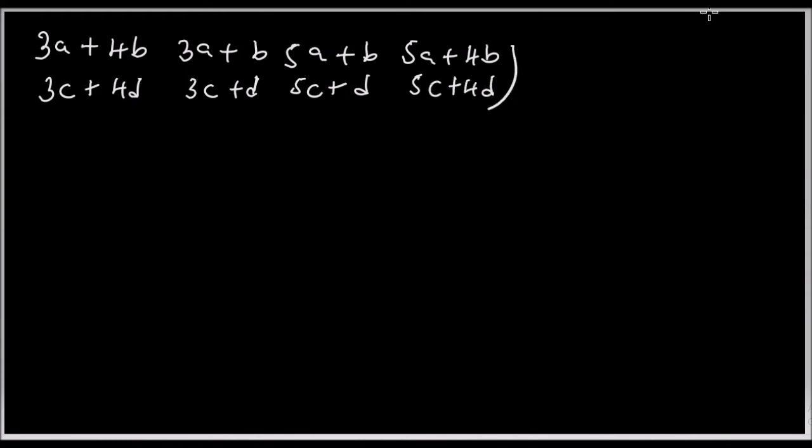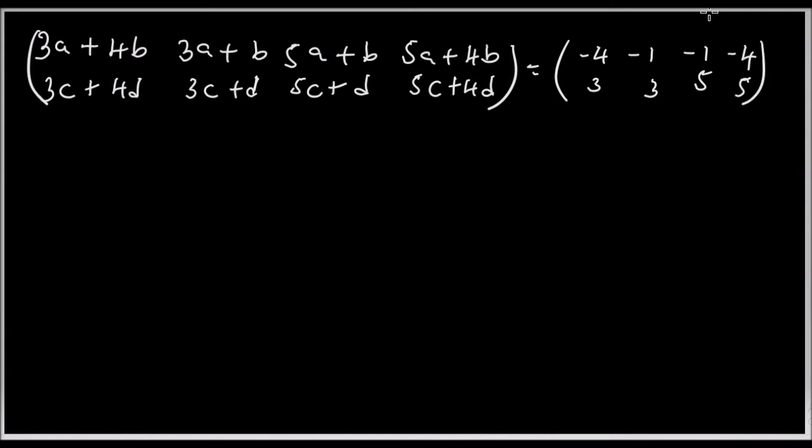So that is the first matrix. And then it is equal to minus 4, 3, minus 1, 3, minus 1, 5, and minus 4, 5.